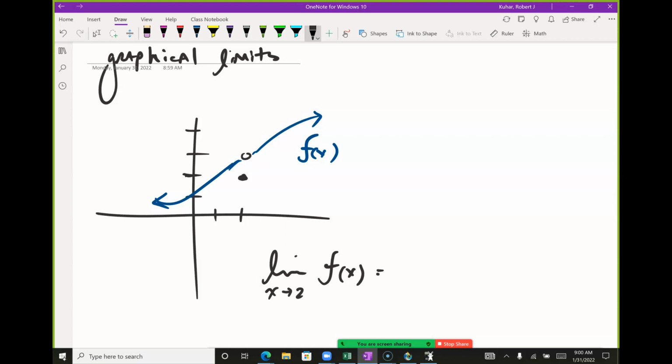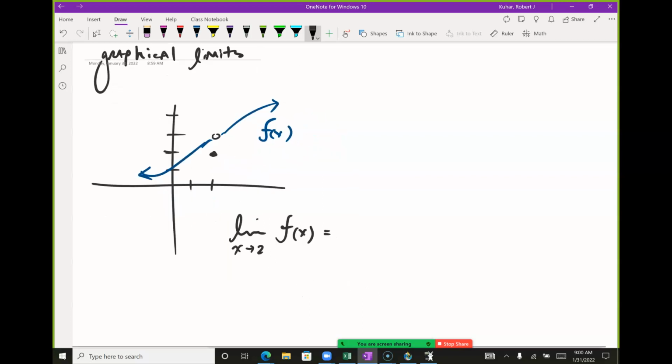The books and the web assignment will ask you several questions here. They'll ask you, what is the value of f of 2? And what is that value there?